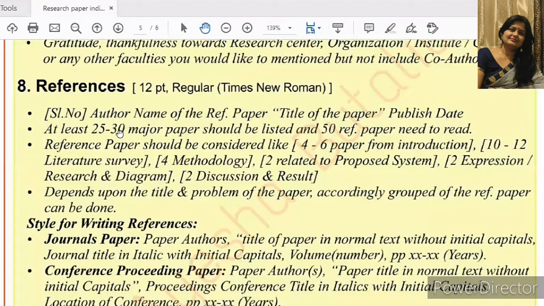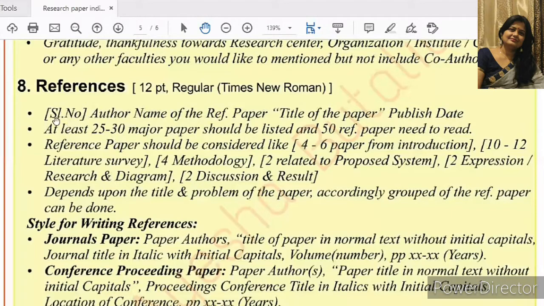If it's a research paper, then it is valid to share a minimum of 13 to 14 references, to say a maximum. It can go ahead, but generally a good research paper should have 25 to 30 research papers. So for an undergraduate project, you jot down 30 papers out of 50, and that becomes your references.